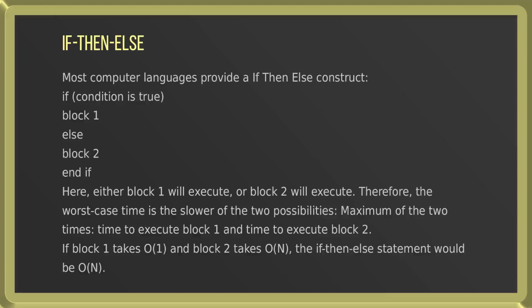Therefore, the worst case time is the slower of the two possibilities: the maximum of the two times, time to execute block 1 and time to execute block 2. If block 1 takes O(1) and block 2 takes O(n), the if-then-else statement would be O(n).